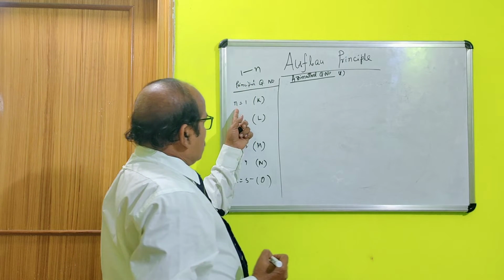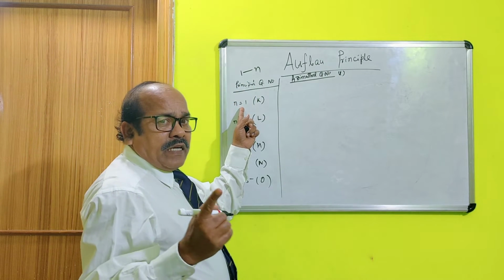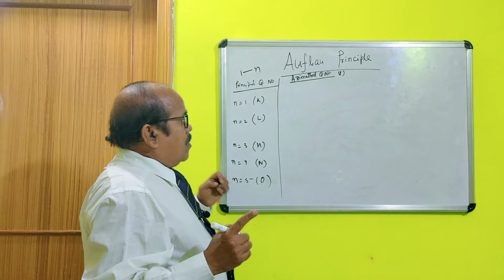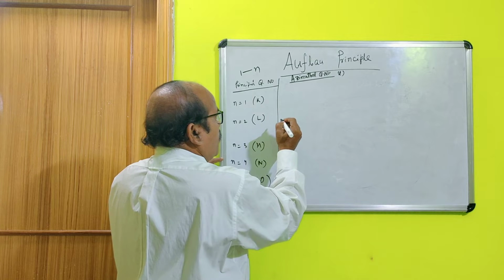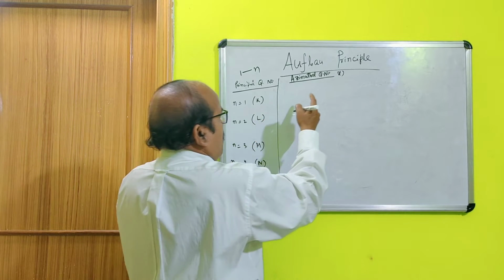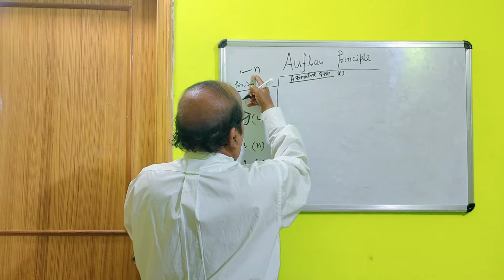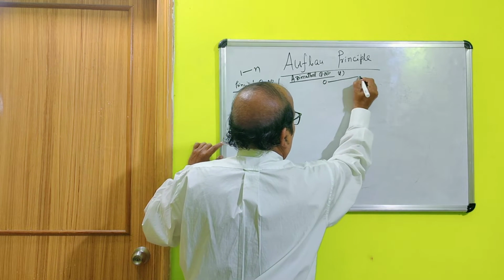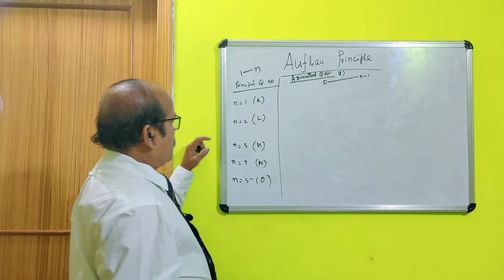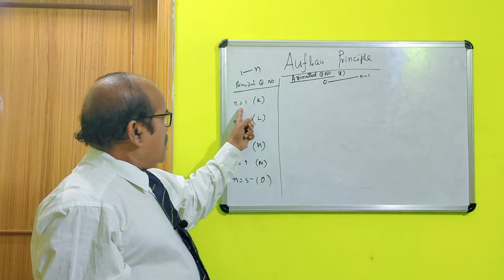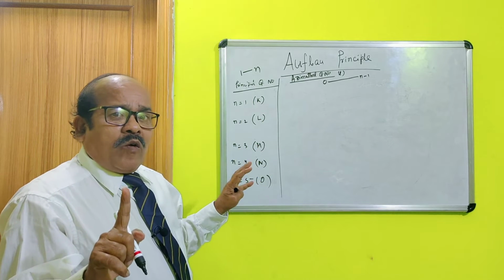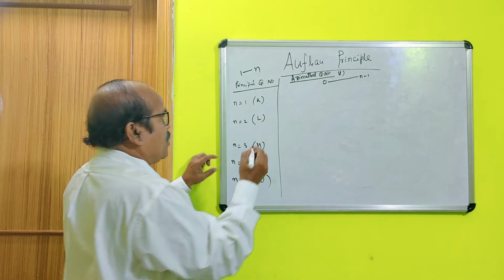Now, when n is equal to 1, the electron is present in the first cell, and the azimuthal quantum number will have one value, because n will take values from 1 to n, and l will carry values from 0 to n minus 1. When n is equal to 1, l has one value, that value is 0.